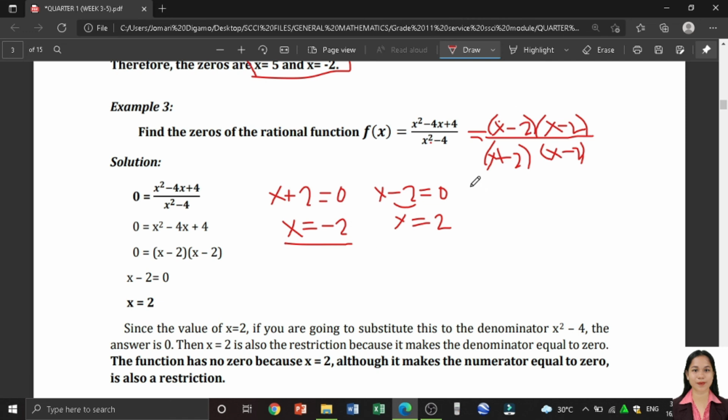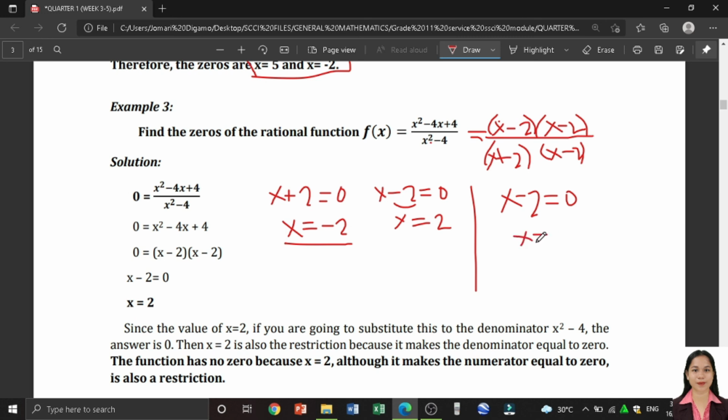Okay. Next, let us find the values of the independent variable that will make the numerator equal to 0. Since our numerator has the same factors, x minus 2 and x minus 2, we write this as one, because the values are the same. So x minus 2 is equal to 0. Then solve for the value of x. We have x equal to positive 2.